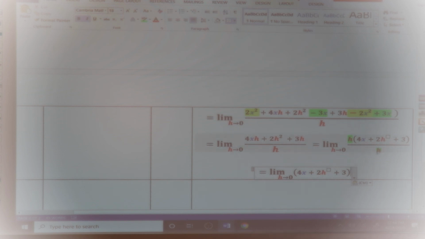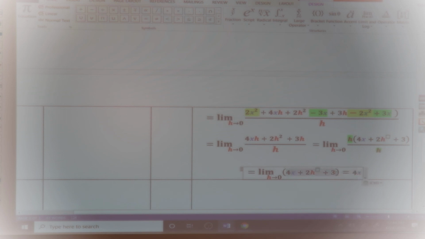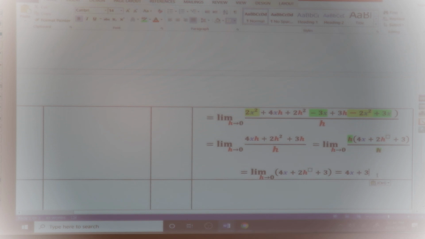Before, I cannot, because if I replace h by 0, you know what, it makes this undefined. Then, last step, this equals only 4x plus 3, which is my derivative. Then my derivative is 4x plus 3.